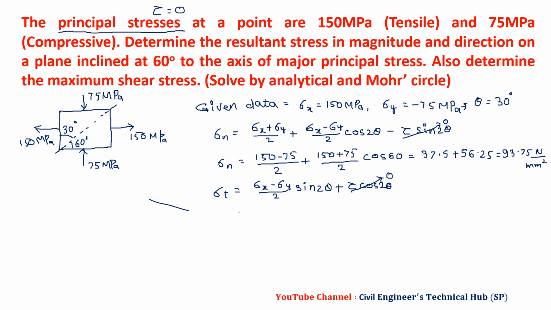Then sigma x is 150, sigma y minus 75, so minus becomes plus. Sorry, this is 150. So 150 minus of minus 75 upon 2 sine 60. Solve this, I got this value of sigma t: 97.43.